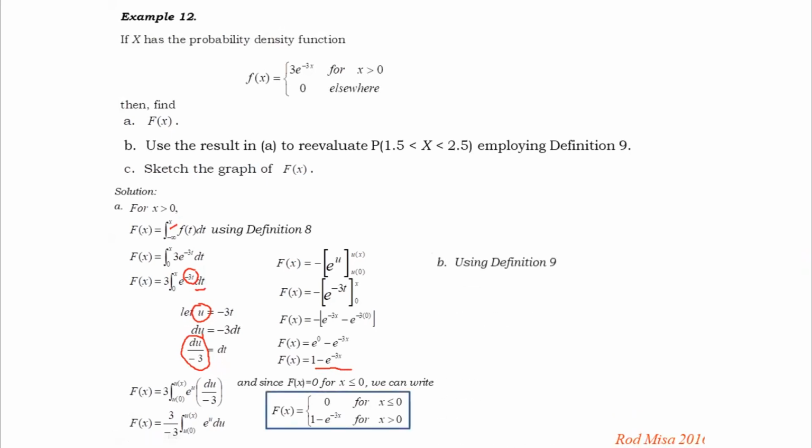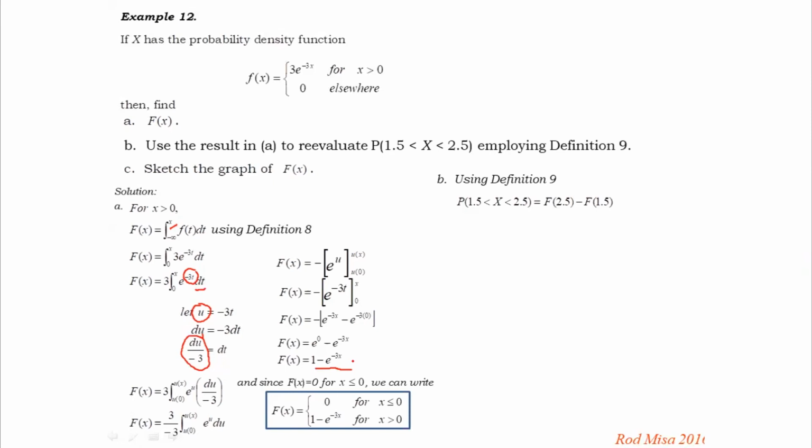Now, solving our probability of the random variable x from 1.5 to 2.5 using definition 9, we have the big F of 2.5 minus the big F of 1.5.